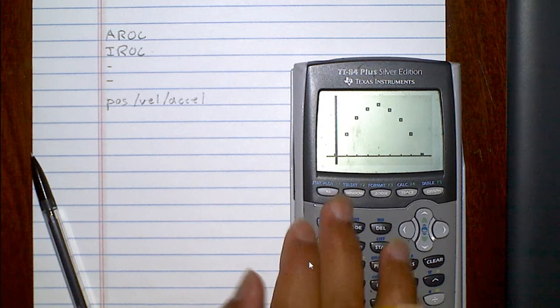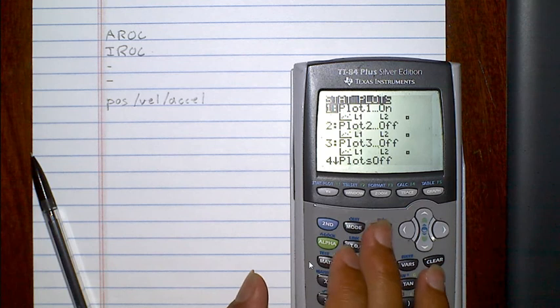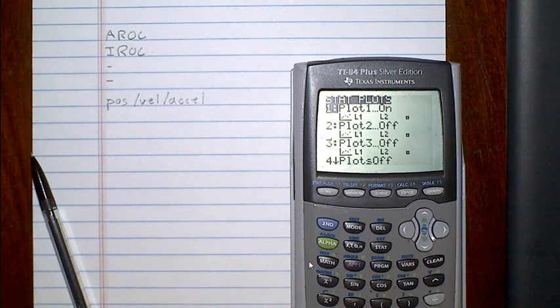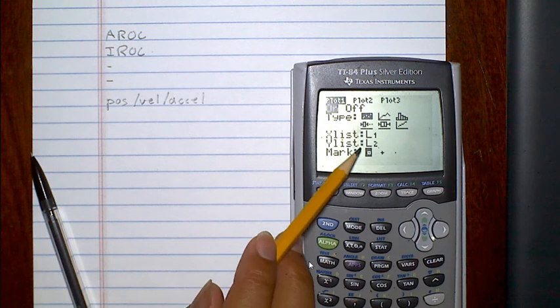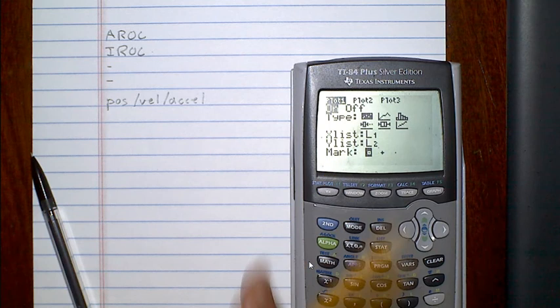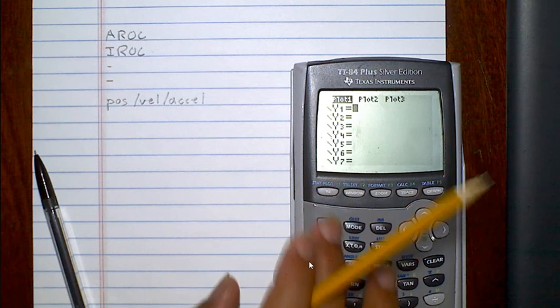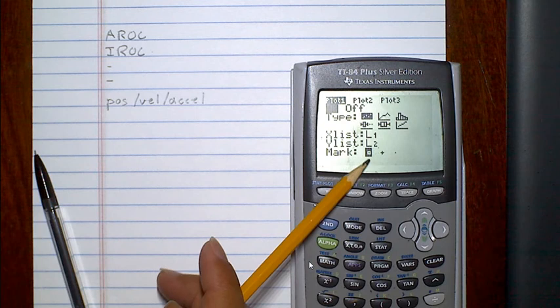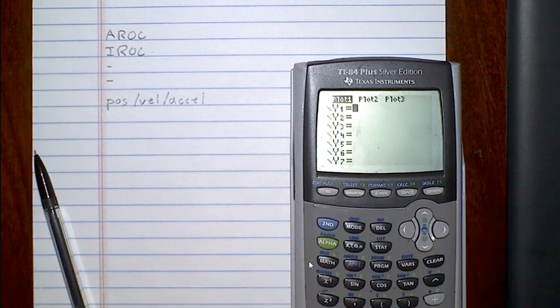So everybody go to stat plot, make sure your plot's on, hit enter on it, make sure once again it's on, X is L1, Y is L2, and of course, my bad, let's go back. And of course we want our dots, those are easy to see, and we also want our equation to be blank. Okay? So here we go.